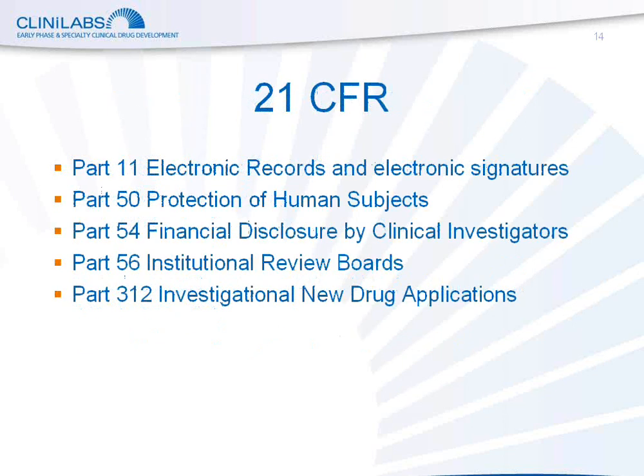Part 11 is the electronic records. Part 54 is the financial disclosure. I'm sorry, Part 50 is the protection of human subjects. That is the consent forming, and Part 56 is the IRB, and Part 312 is the IND, Investigational New Drug Application. And again, it's Part 812 for devices.